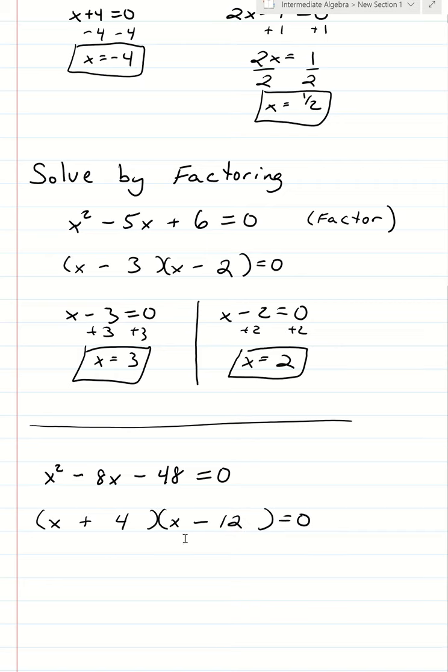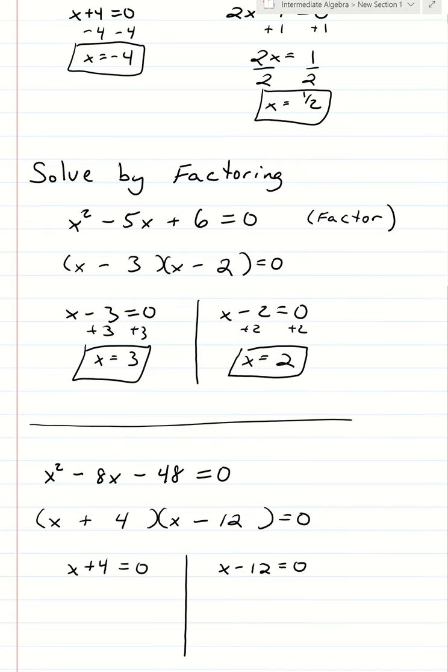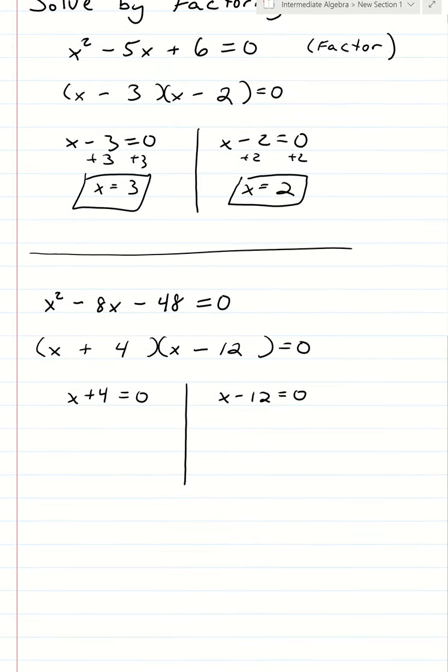Now that we have the factored form of the original polynomial, we can now use that zero product property, whereby I would set x plus 4 equal to 0, as well as the x minus 12 equal to 0. Here are my two equations that I must now go and solve.